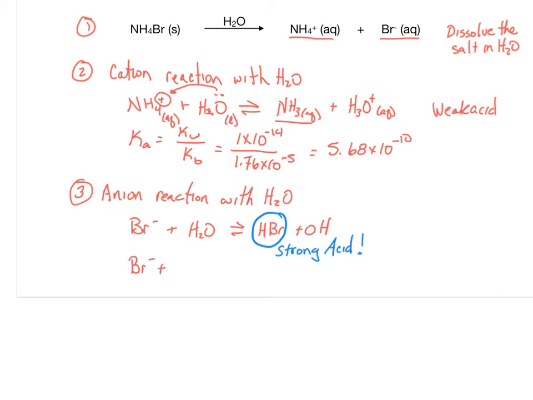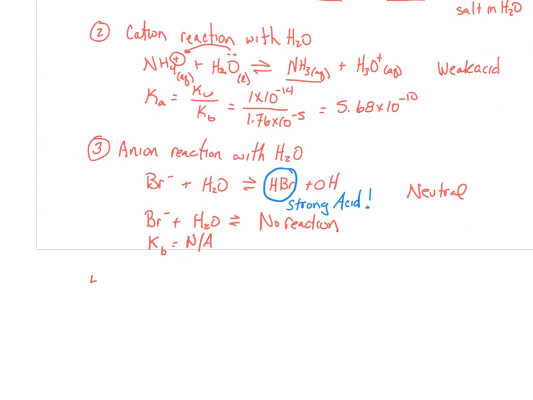So our anion plus water is a no reaction situation, because as soon as HBr forms, it automatically dissociates. That means my anion in solution is neutral, and my Kb doesn't exist.